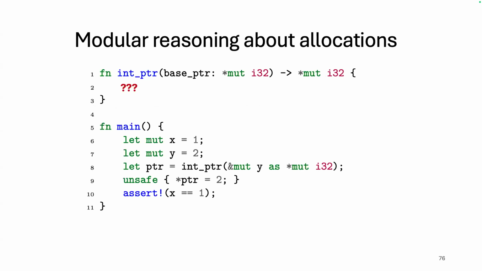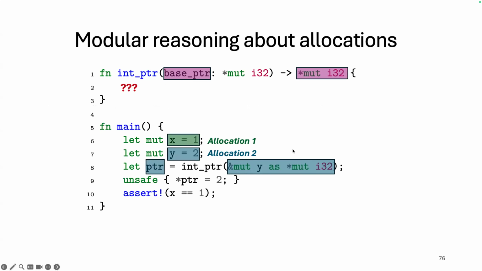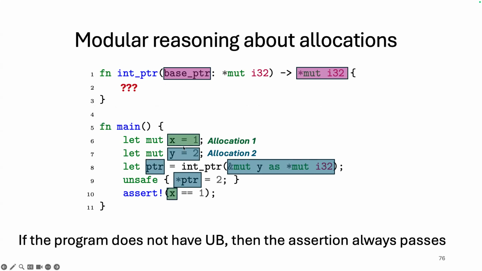If we were to do that, and we considered things in terms of allocations, which are related to provenance, we could maybe reason about this modularly and say that either this pointer writes to y, and then this assertion is for a different allocation. So this should always pass if there's no UB.